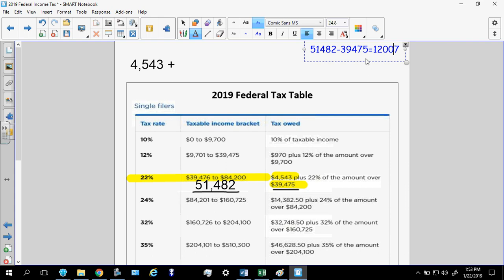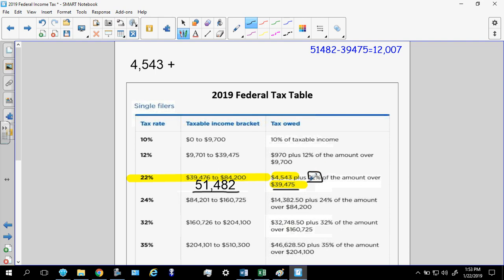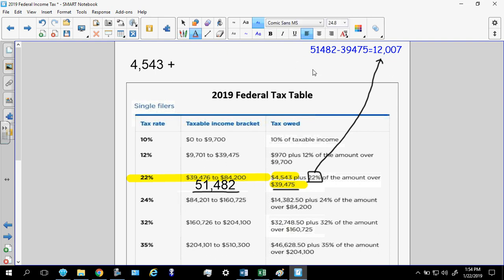Now, it says here that we are going to take 22% of 12,007. Off to the side, 12,007 times 0.22.